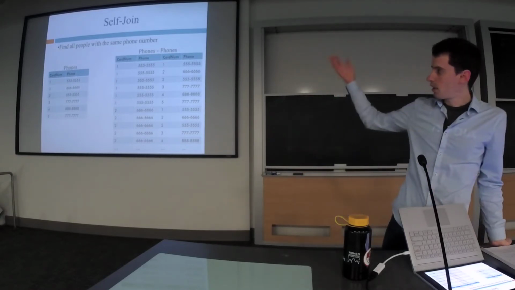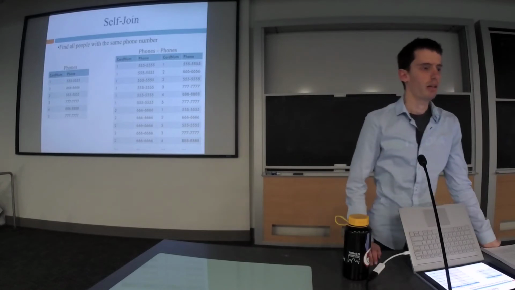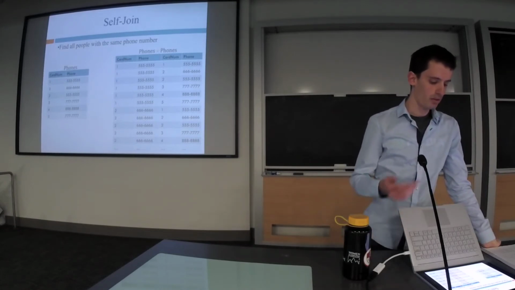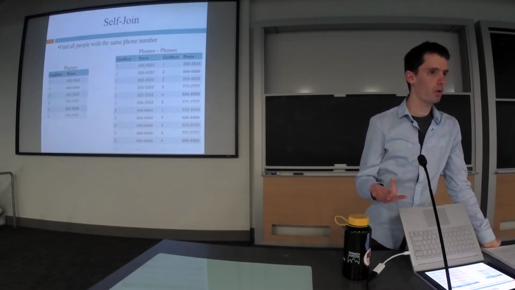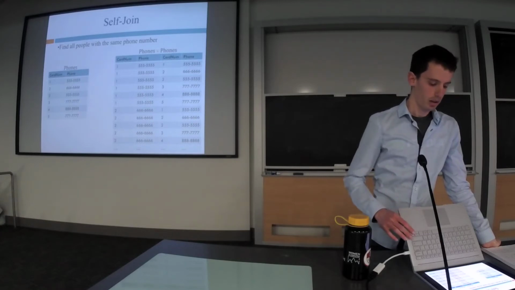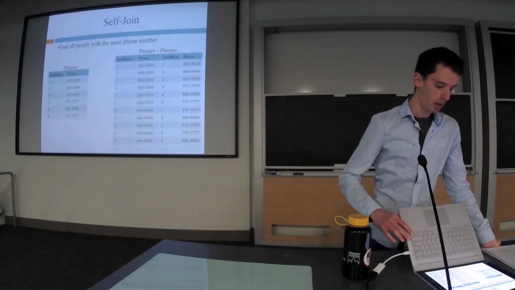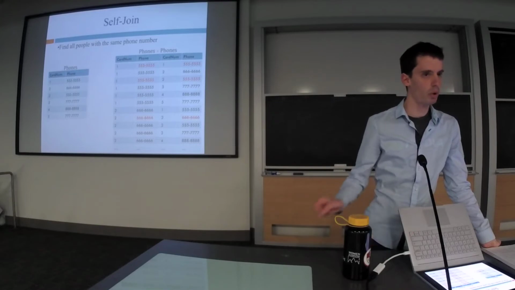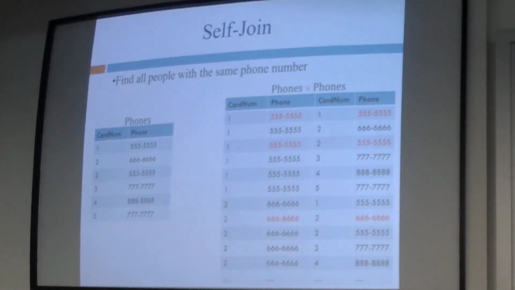And so we end up with this giant table with lots of stuff in it, and we have two card num columns and two phone number columns. Where the two phone columns are the same is getting to the answer.